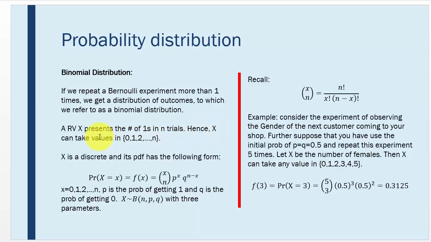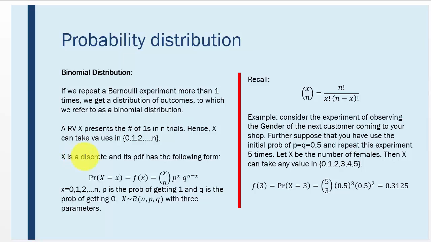Hence, x can take values 0, 1, 2, up to n. That means if we get no 1 or no success in n tries, the value of x is 0. If we get one success, the value of x is 1, and so on and so forth.